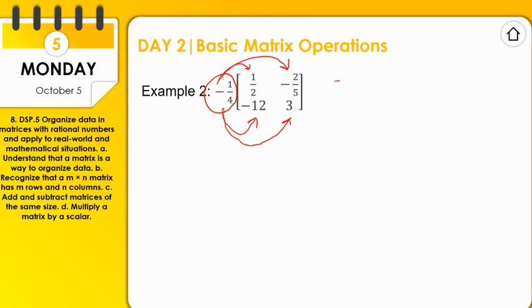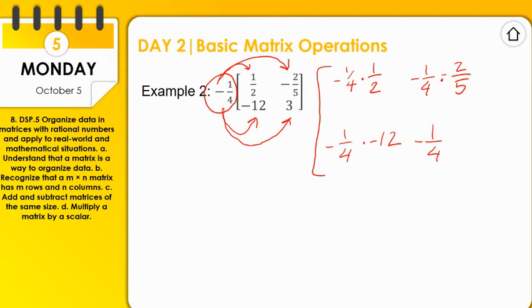So I would have -1/4 times 1/2, -1/4 times -2/5, -1/4 times -12, -1/4 times 3.